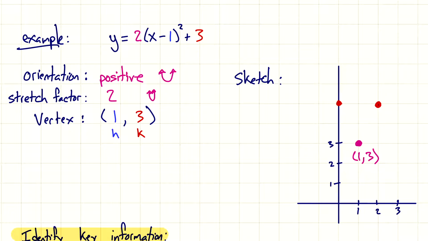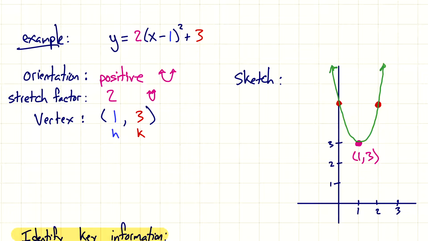So let me see if I can do a better job. That looks worse. All right, maybe you could do a better job than I can. All right, that's good enough. All right, so this would be what our parabola looks like.